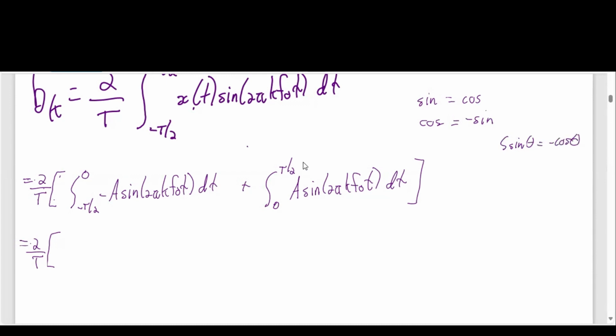That's why it's important to know your integration rules. I just remember the differential. The differential of sine is cos, so if you integrate cos, you get back sine. And the differential of cos is minus sine, so if I integrate sine, the minus has to go across, so I get minus cos. That's something you need to remember, especially when doing these types of questions.